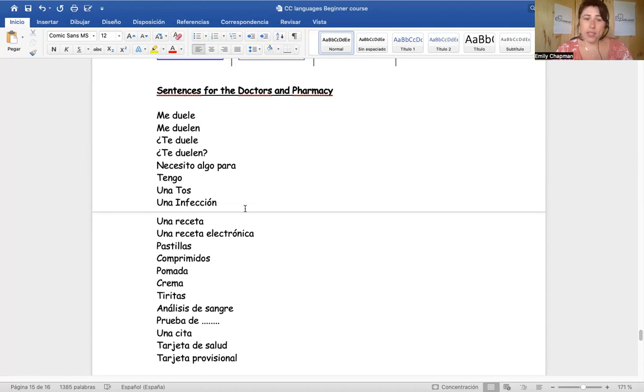Okay, let's read these through in Spanish without the translations, just to hear the pronunciation. Me duele, me duelen, te duele, te duelen. So when we're asking a question, the tone of our voice goes up a little bit. Necesito algo para. Tengo una tos o tengo una infección. Necesito algo para una tos o una infección.